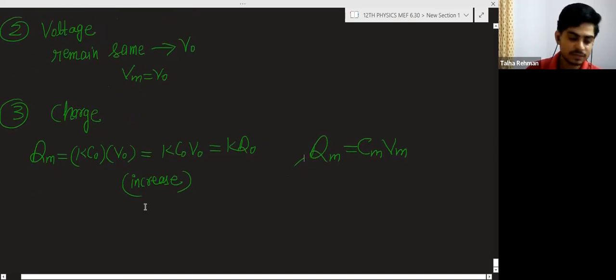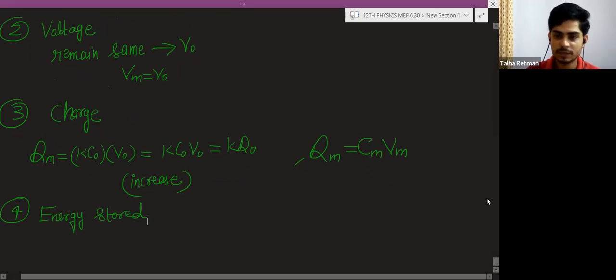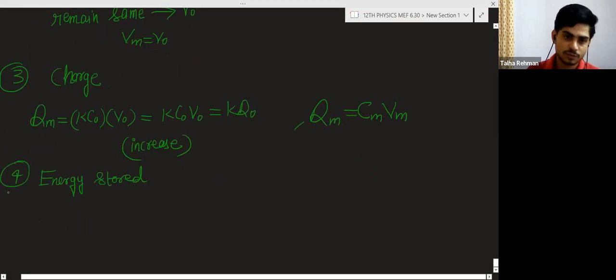And the last thing is, if I want to calculate the energy stored in the capacitor. Earlier we used U naught because the plates were in air.